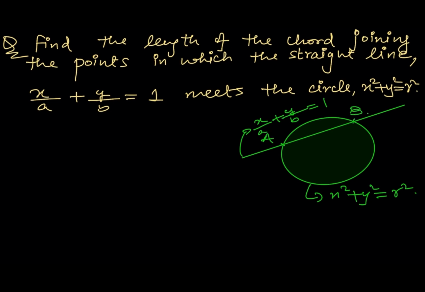So let us write m, which is the slope of the line, which is minus b by a, and c, which is the y-intercept. Here we can easily say c is b, and the radius, which is a in the formula, in this case is r.